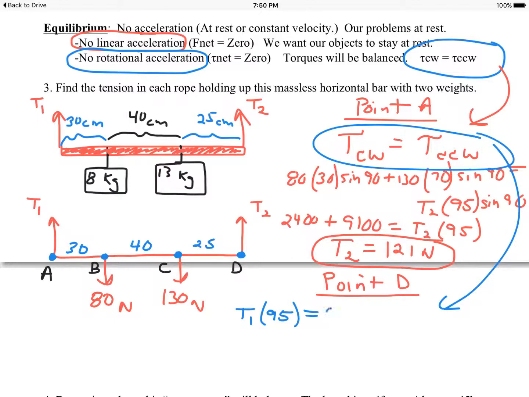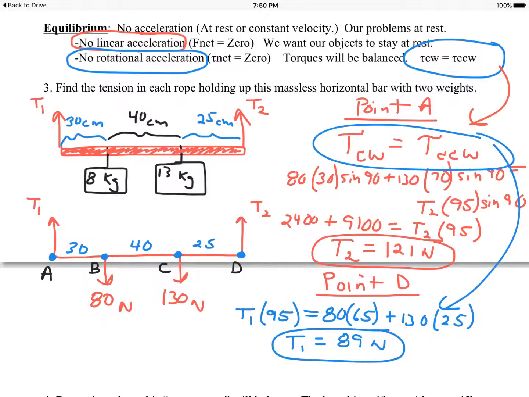So it's going to be equal to the 80 times its distance, which is 65 centimeters, plus the 130, once again measuring everything from point D, times 25. And noticing I'm leaving off the sine of 90 now. If it's sine of 90, you do not need to write it. Anyway, now, if you solve this, you end up with T1 equal to 89 newtons. You can check that yourself to see if the math works out there.